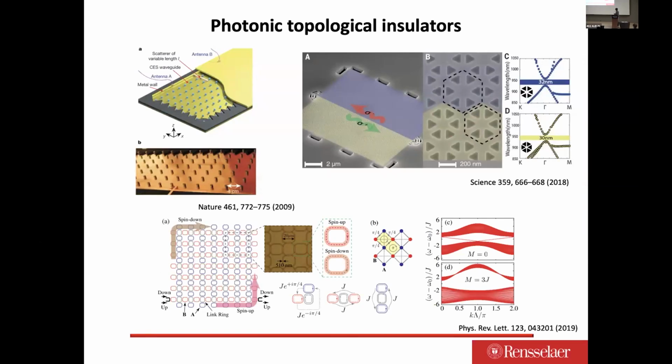For example, in the microwave regime back in 2009, Professor Marin Soljacic's group at MIT demonstrated the quantum Hall topological insulator. We also have the spin Hall effect with photonic crystals by breaking inversion symmetry.